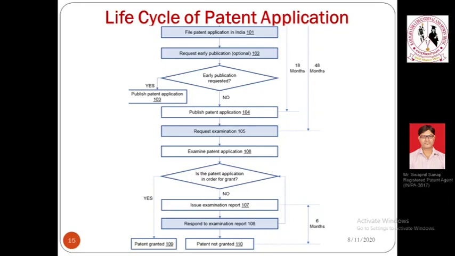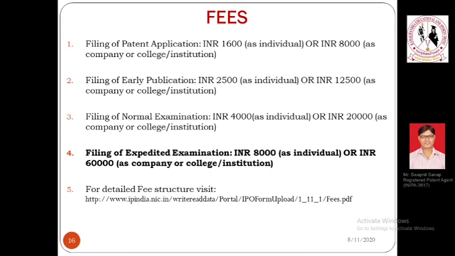All these are not steps of the normal flow of the life cycle, and thus I have not included them. This is the normal flow of the patent office or the life cycle of a patent. For any particular fees, you can note down this site and click on it to see those required fees as well.